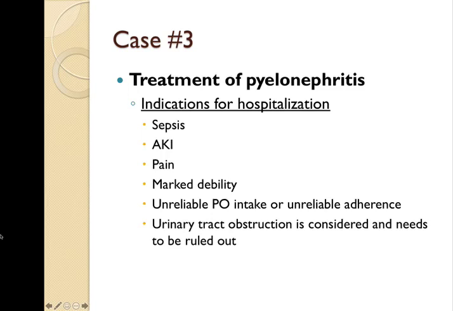And again, if you're concerned about obstruction, that would need to be ruled out in a very expedited manner, right? So most of those patients would at least need to go to the emergency room to get the initial workup initiated.